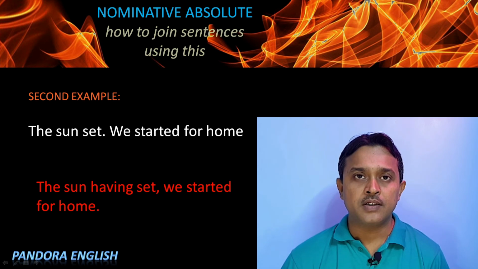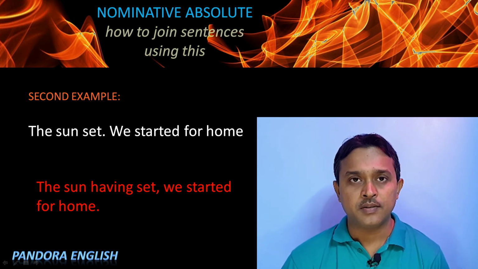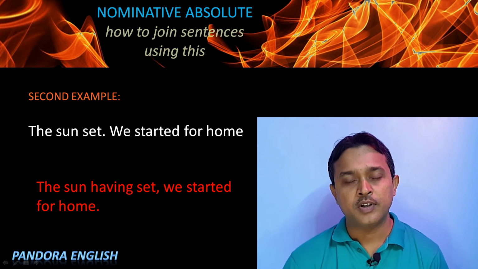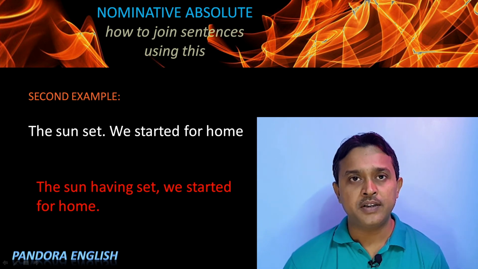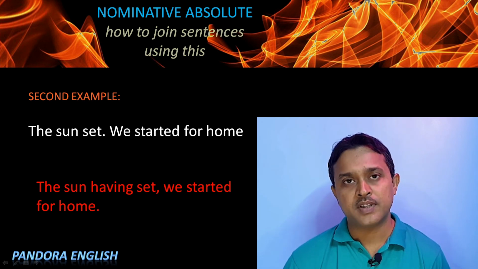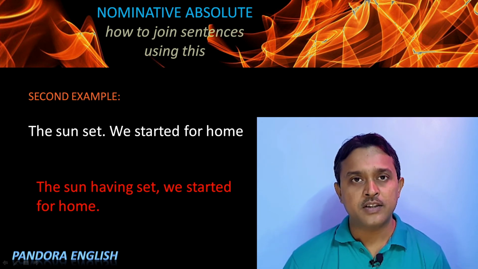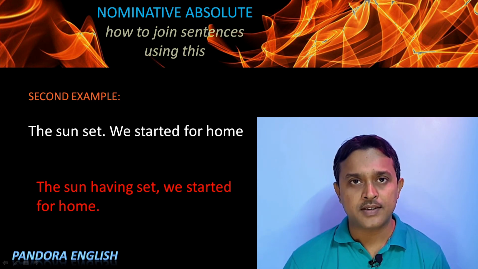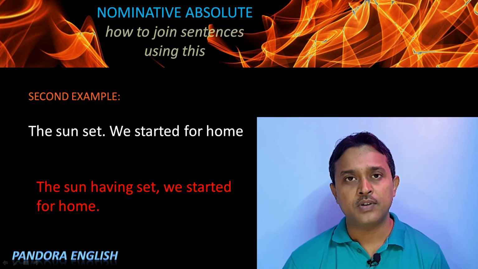Therefore, we can use the noun plus perfect participle form of the nominative absolute to combine these two sentences into a single simple sentence. So the answer will be, the sun having set, we started for home.